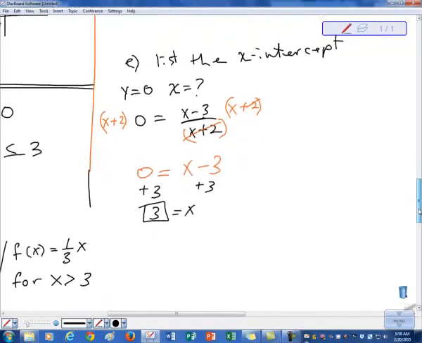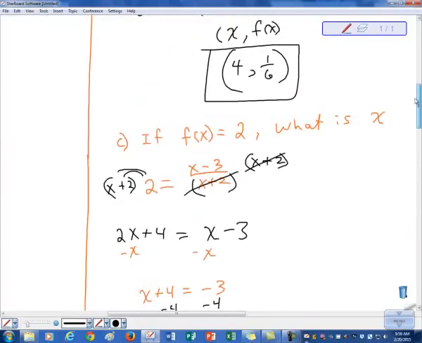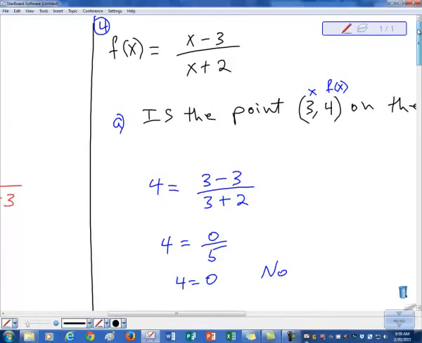All right, and then part F, list the y-intercept. Now we're going to set x equal to 0 and solve for y. So we take our function again up here, x minus 3 over x plus 2, and put 0 in for x.